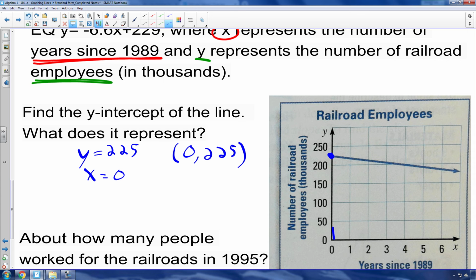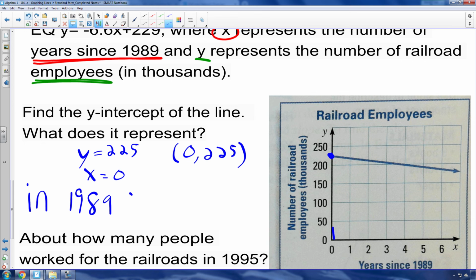What does that mean? What year was that? If it's year 0, what year is it? If it's year 0, what year did we start at? What year did we care about? Years since what? 1989. In 1989, what was going on?